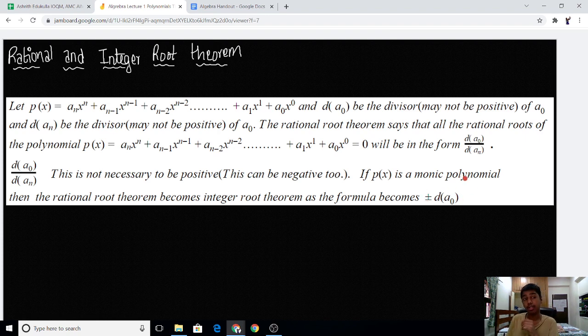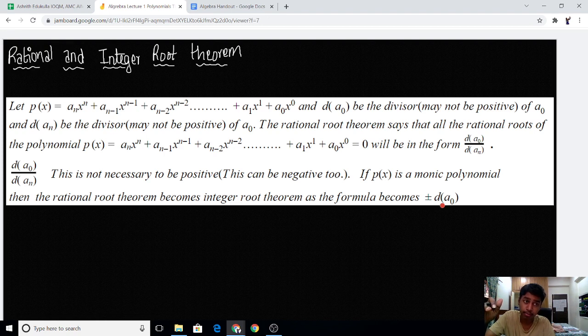If some polynomial has no integer or rational roots, so if a naught is 5 and it has no integer or rational roots, we can't guarantee anything. If it wasn't given that it has rational or integer roots, there's no guarantee that all the roots will be of this form, because this is only true for integer and rational roots.